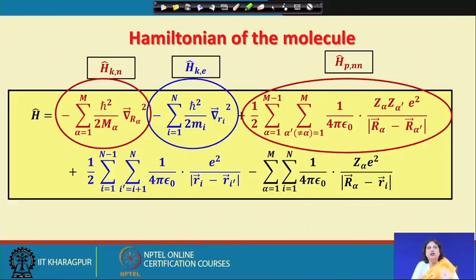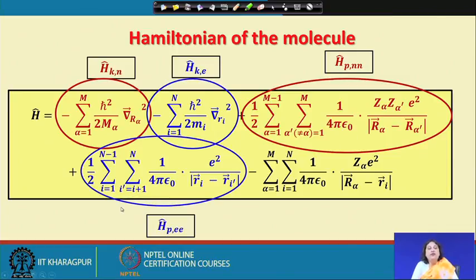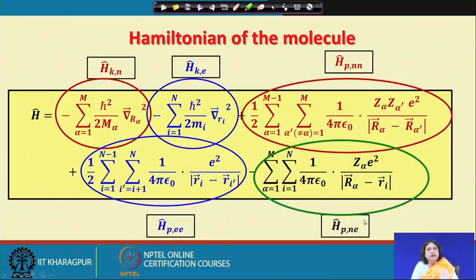This is the potential energy term for the interaction between the different nuclei, and this is the term for the interaction between the different electrons. And finally, I have one term which represents the interaction between a nucleus having the charge Z alpha times e with an electron having the charge minus e, located at these two positions.